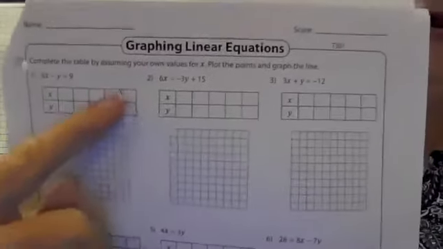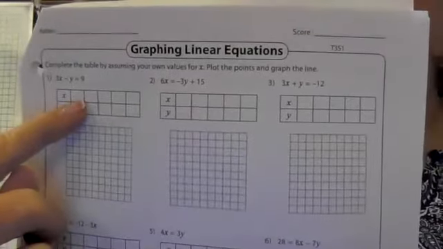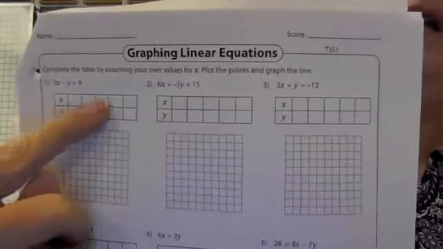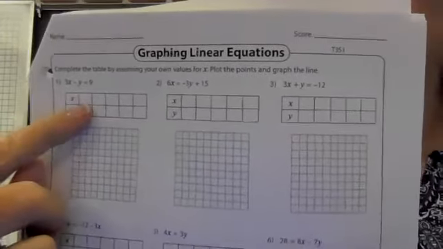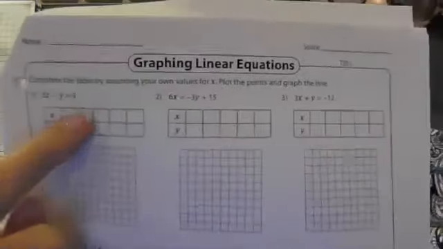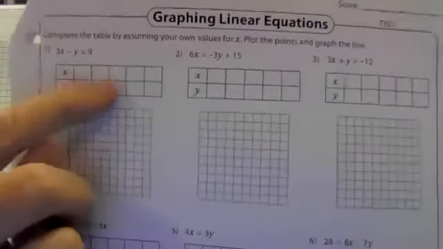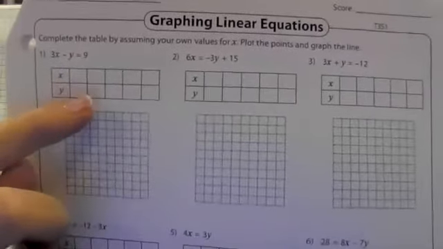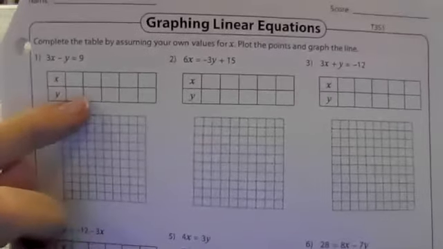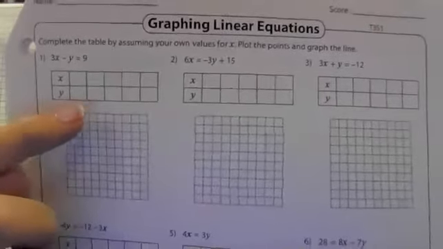Now you get to choose your own X's here. You can use the same X's that they did if you want. My suggestion, and this was the suggestion they gave me at college in my classes, they said when you're filling out a T-chart, you should always use some negatives, some positives, and 0, always.